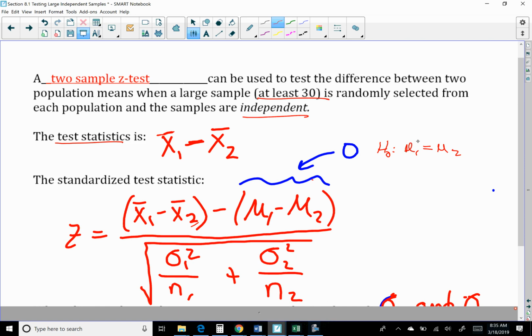Well, if mu1 is equal to mu2, and we subtract mu2 from each side, do a little algebra, we get mu1 minus mu2 is equal to 0, right? Just by subtracting the population mean from the second population. So since this is equal to 0, that's what we plug in when we see mu1 minus mu2. It's always going to be 0. Okay?